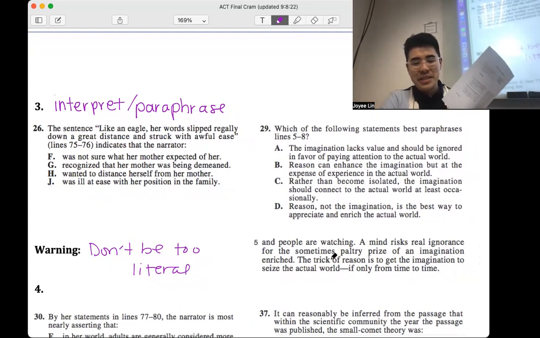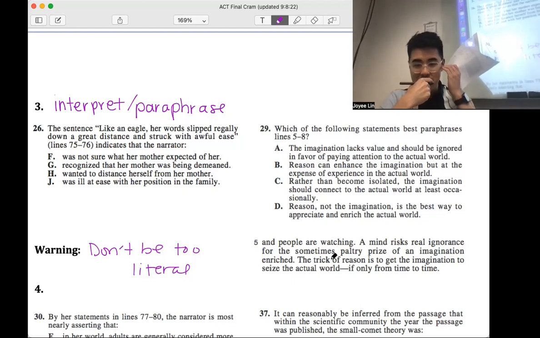The trick of reason is to get the imagination to seize the actual world, if only from time to time. E? B? No. No, C. C.